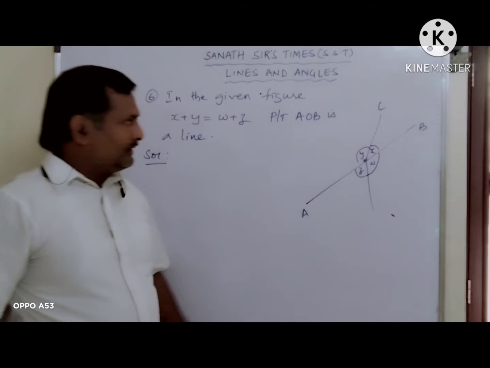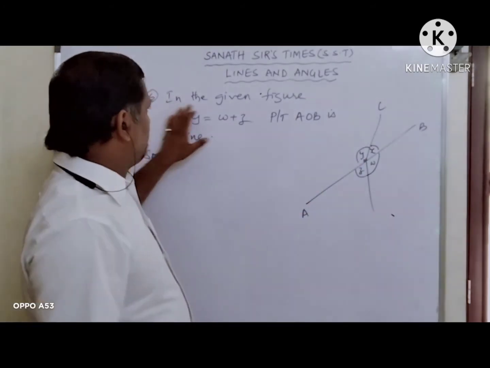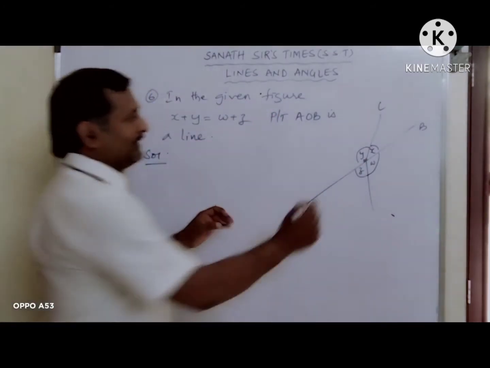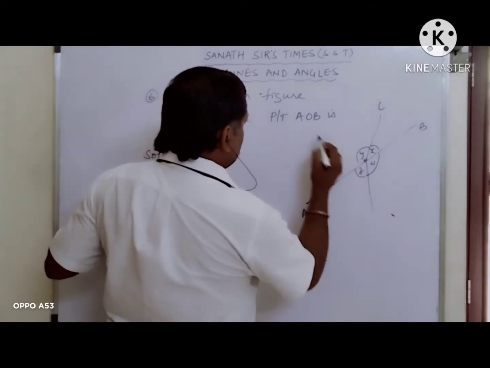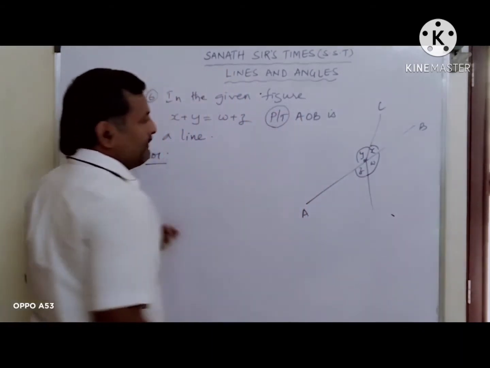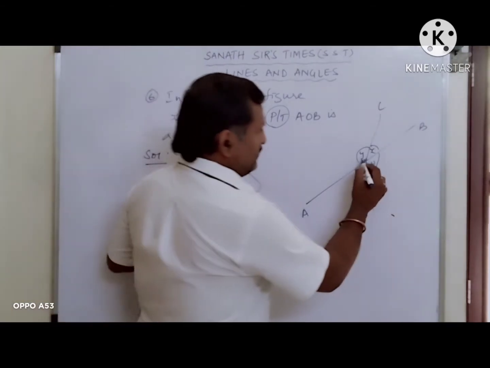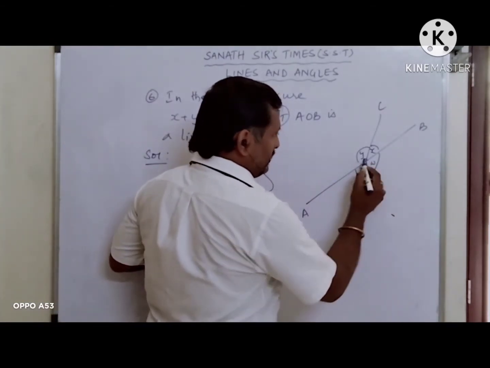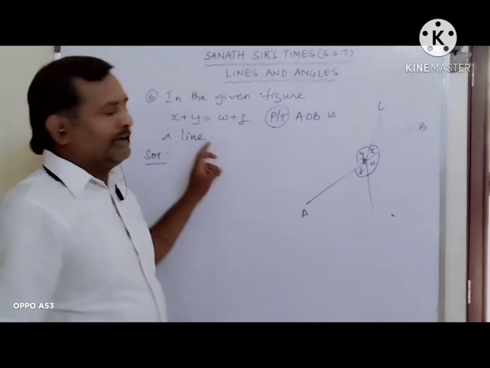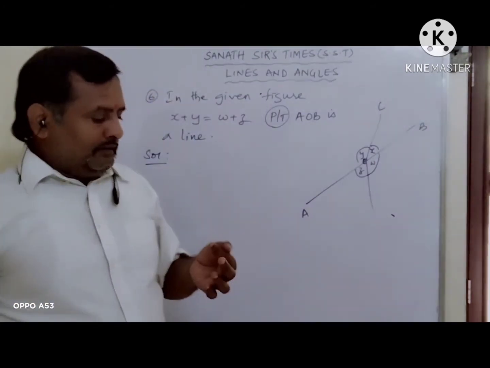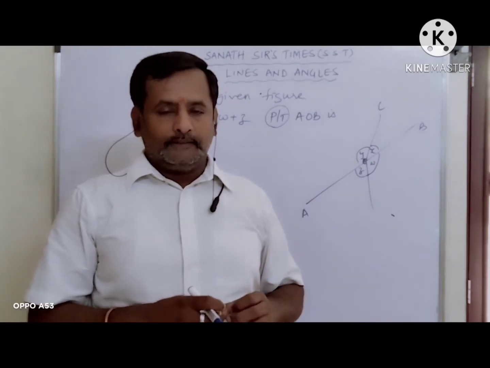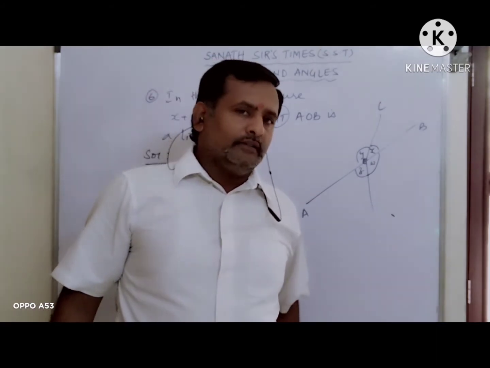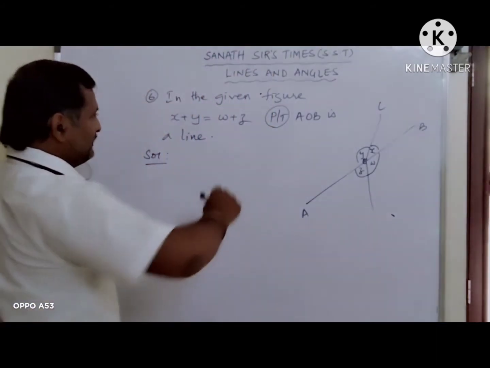So coming to question number 6, this is the figure given to you. In the given figure, x plus y is equal to w plus z, and you have to prove that AOB is a line, where this is point O. Now you know that the angle of a straight line is 180 degrees.